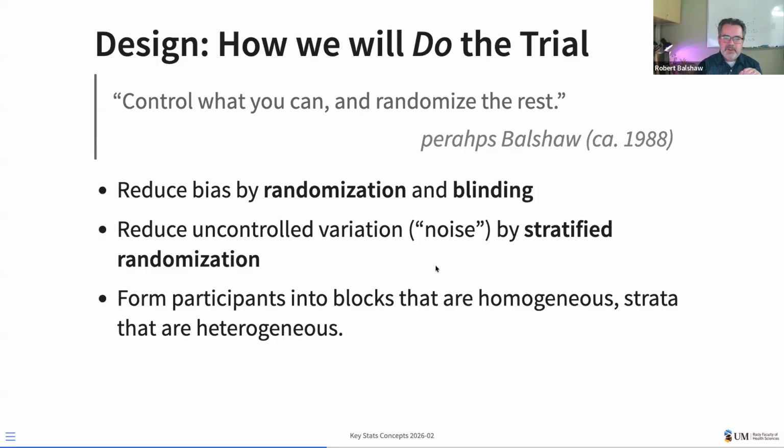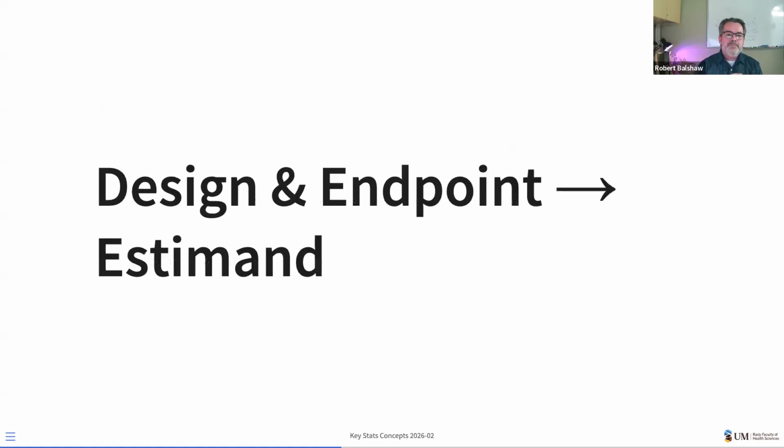So just a subtlety there that I've had many conversations about over the years. Okay, now having established that we've got a design and we've got an endpoint, we're back to that idea of the estimand as a way to sharpen the focus on what we've learned by establishing those two things, the design and the endpoint.